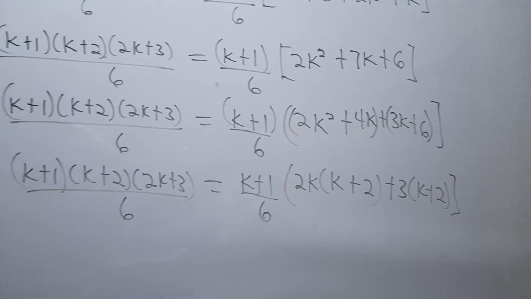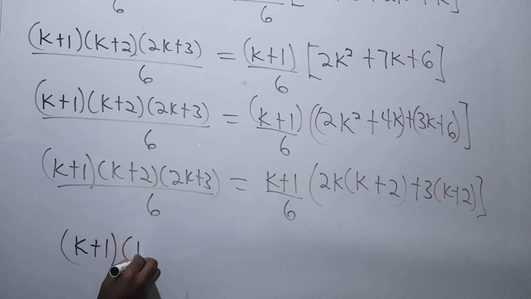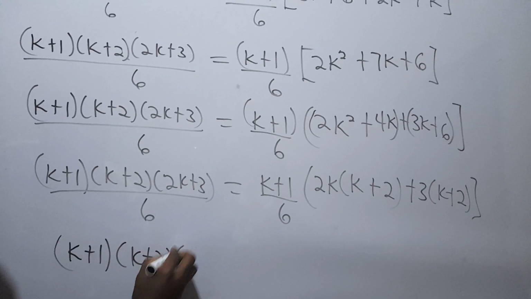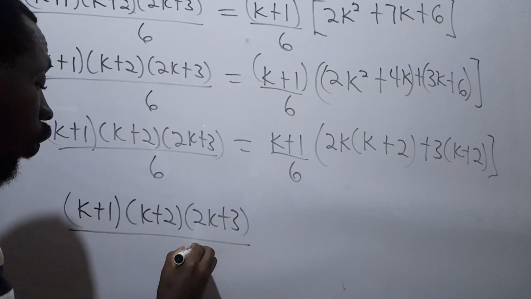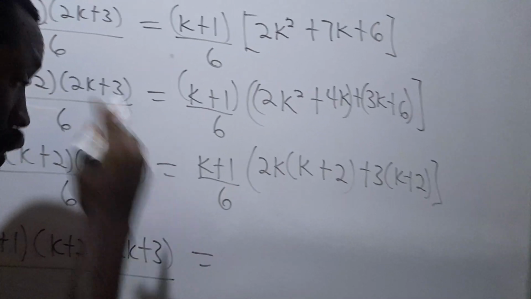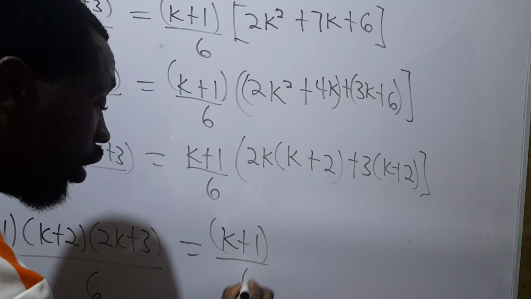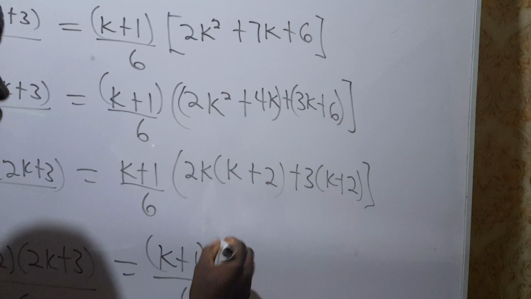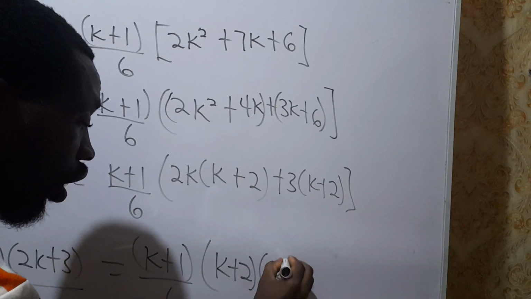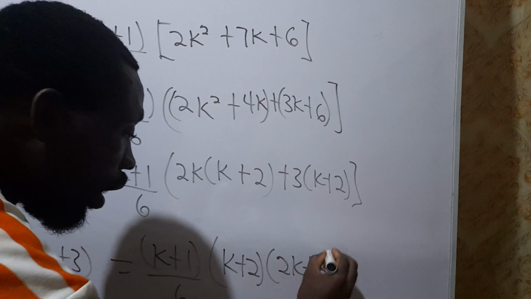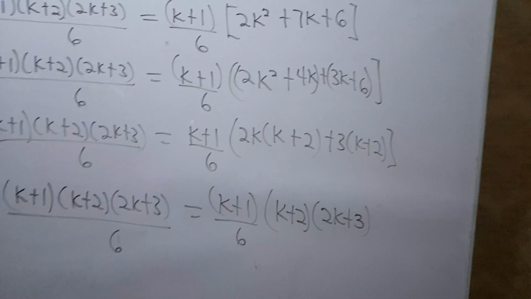Now I can factor out my k plus 2, and I'll be left with 2k plus 3. So we can rearrange this very well.